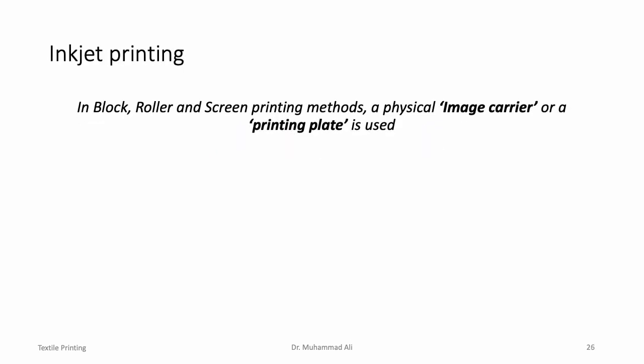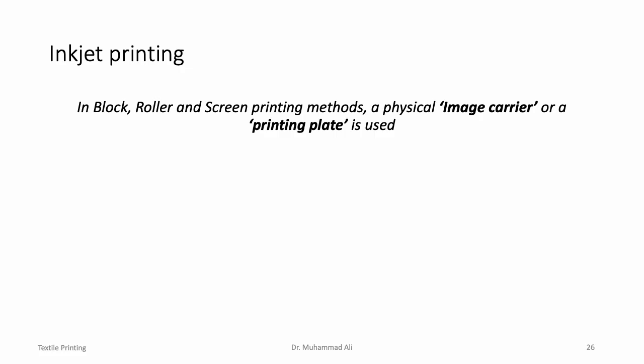Now, before we talk about inkjet printing, we need to understand one common characteristic of all the printing methods that we have discussed so far. So we have discussed block, roller, and screen printing methods. In all these methods, a physical image carrier or a printing plate is used to create the desired pattern on the fabric.